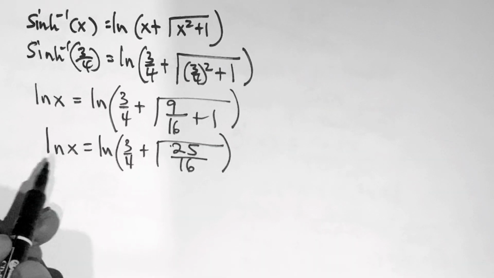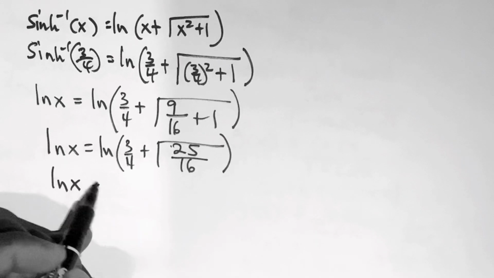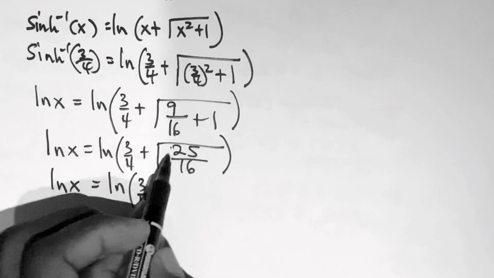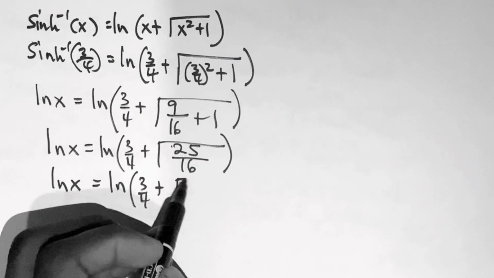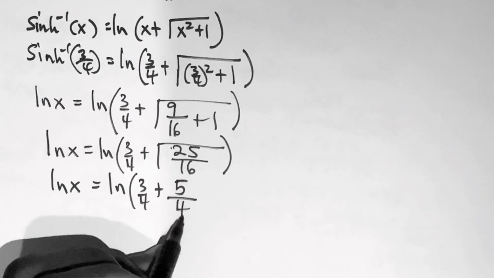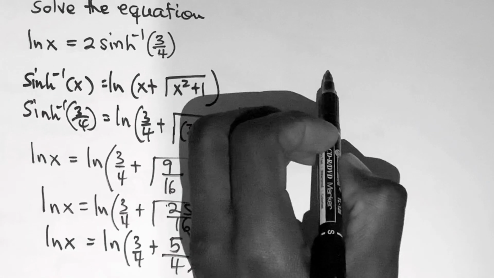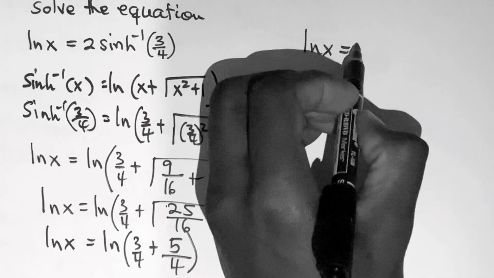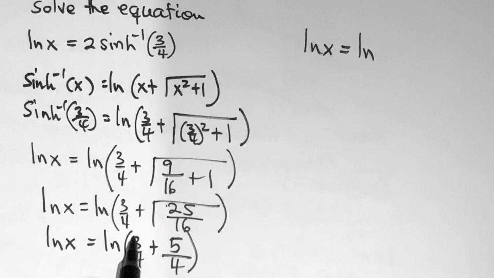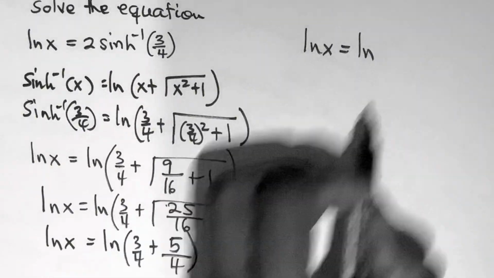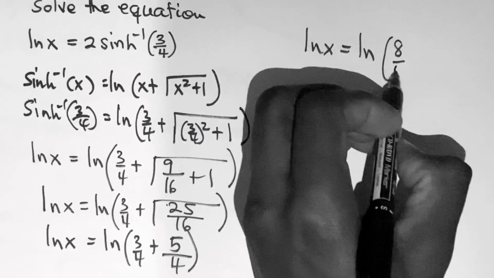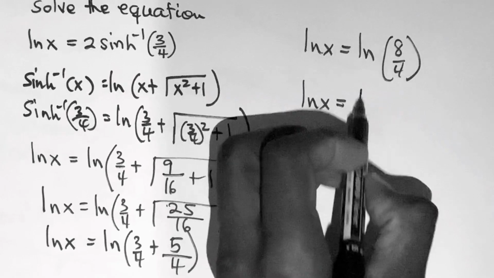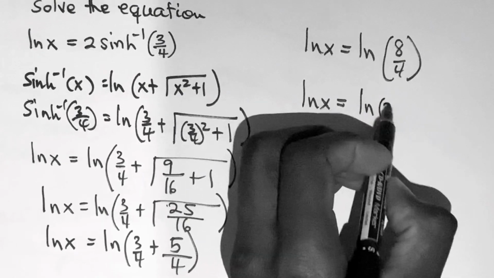And therefore this is natural log of 3 over 4 plus square root of 25 is 5 and square root of 16 is 4. So let me continue from here. Natural log of x is equal to natural log of 3 over 4 plus 5 over 4, which is 8 over 4, which is the same as natural log of 2.